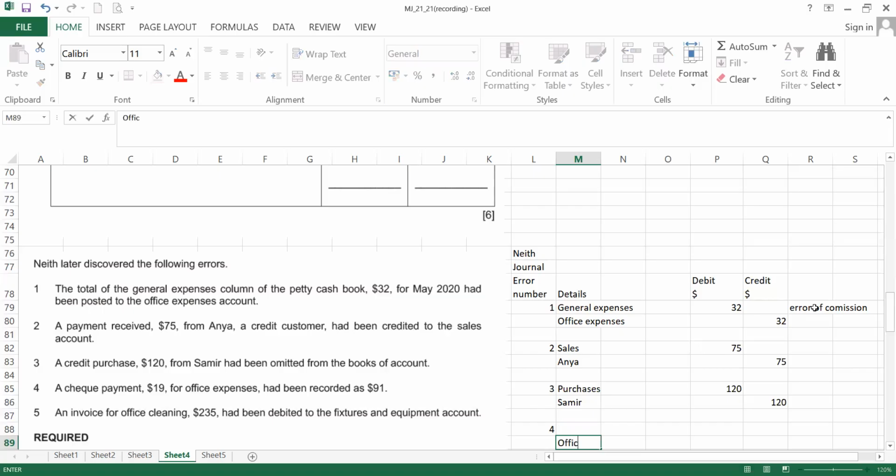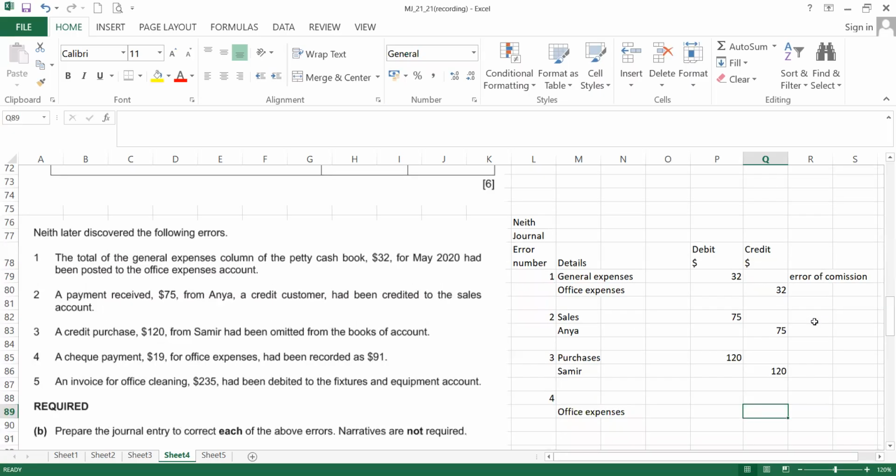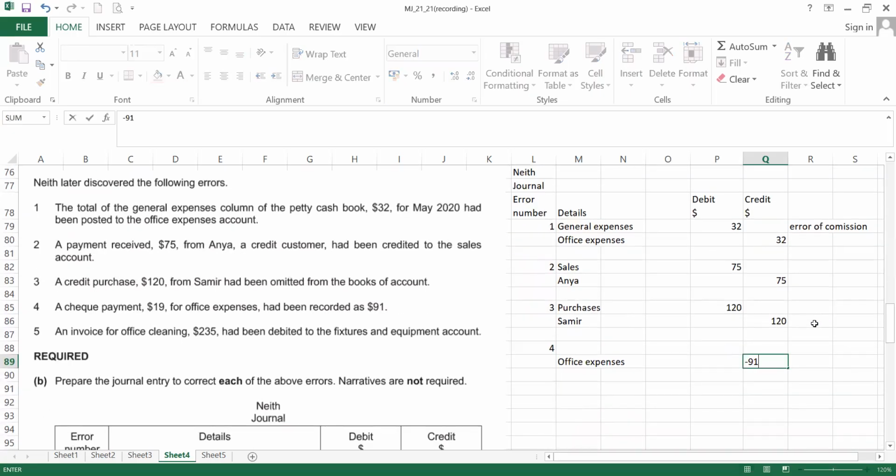So credit office expenses. And how much is the amount we need to adjust? Take 91 minus 19, so it's 72. Another account to be recorded: this one is a payment made by check, so we reverse the bank.